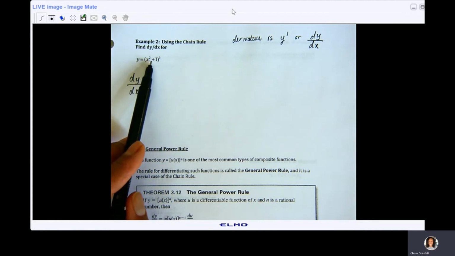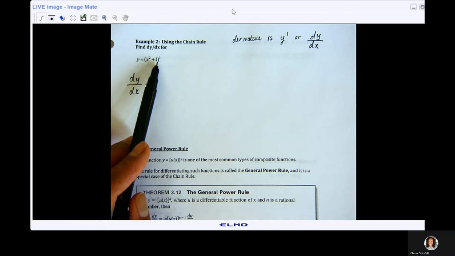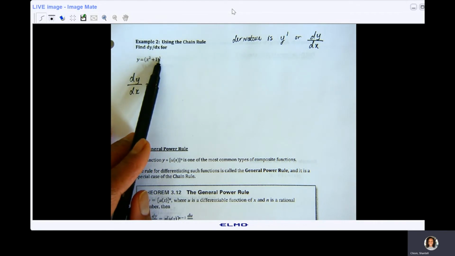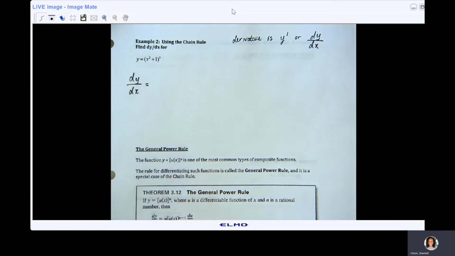Could I expand this out and use the FOIL method, multiply it out twice, and then multiply it again a third time? Because that exponent means I have 3 of those. I absolutely could do that. But then after doing all that algebra, I would then still have to find the derivative of each term. So it's faster to actually apply the chain rule. So that's what I'm going to do.